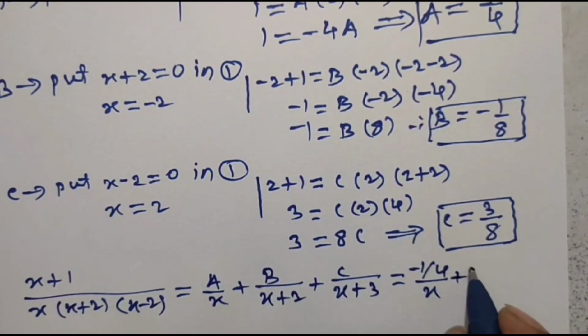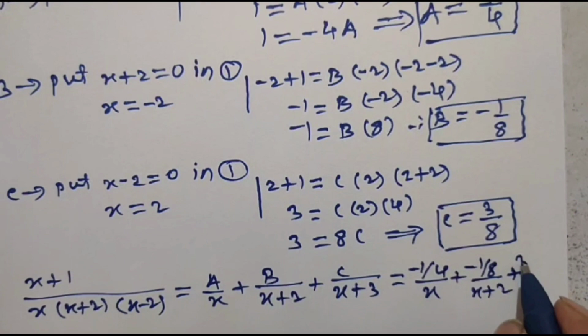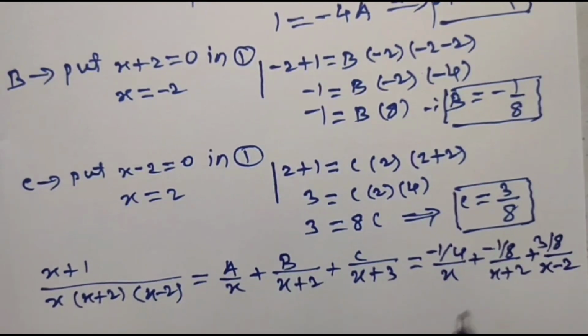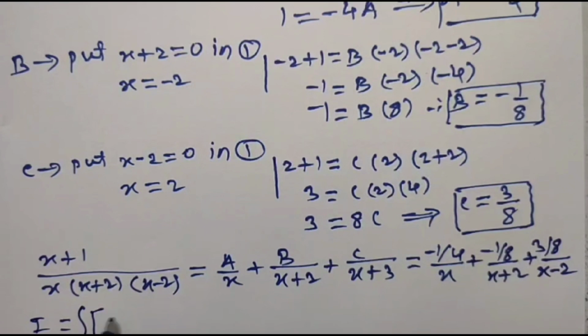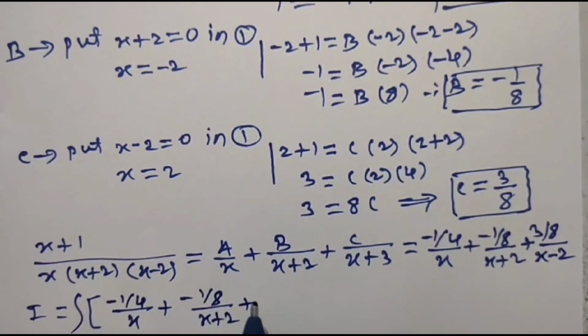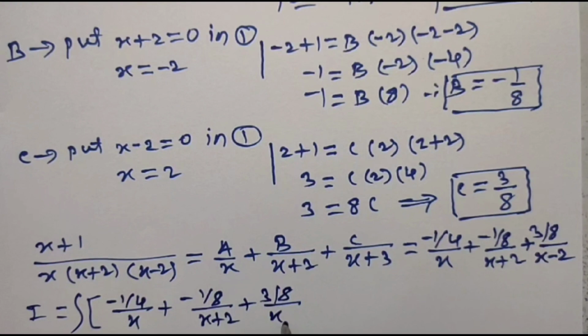Minus 1 upon 8 upon x plus 2. And what is c? C is 3 upon 8 divided by x minus 2. And now put this as integrand. Hence we can write integral I is equal to integral of minus 1 upon 4 upon x plus minus 1 upon 8 upon x plus 2 plus 3 upon 8 upon x minus 2 integral with respect to x.